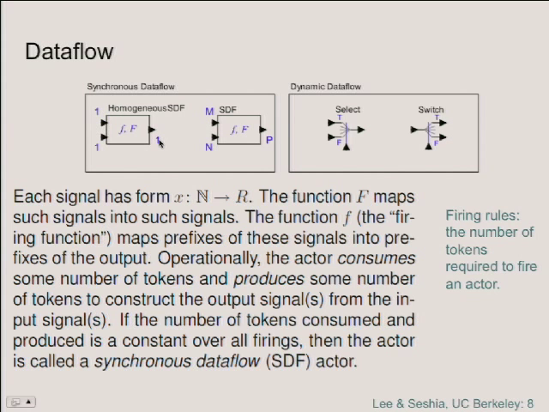So a simple generalization of that is called synchronous data flow, or by some people it's called static data flow. And the difference here is simply that a block is able to consume or produce some fixed integer number of tokens when it executes.